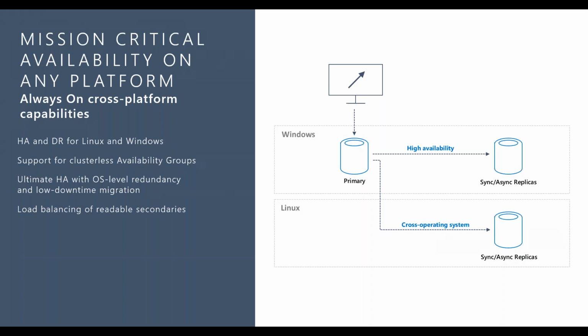The newer one, the Always On availability groups, also don't require shared disk anymore. So I can have true high availability between SQL Server instances where I don't have to have shared disks.